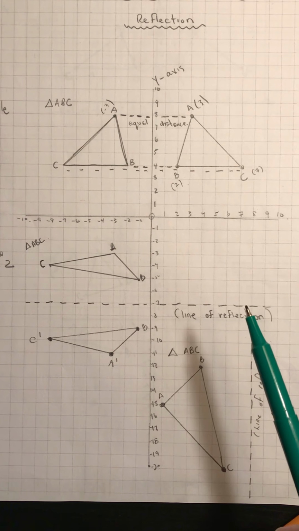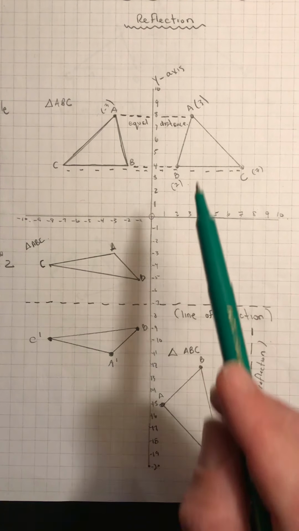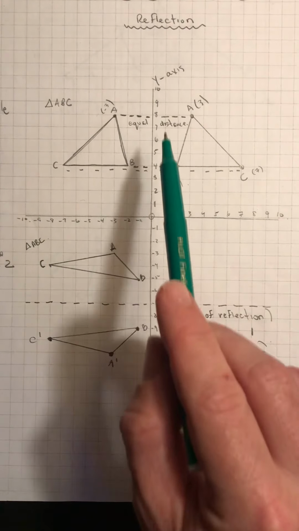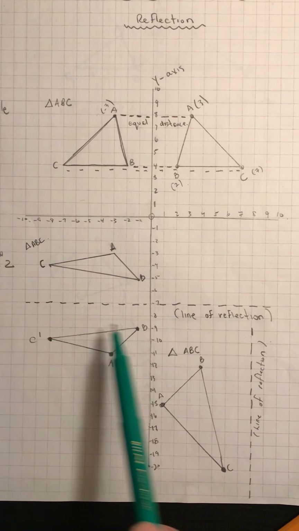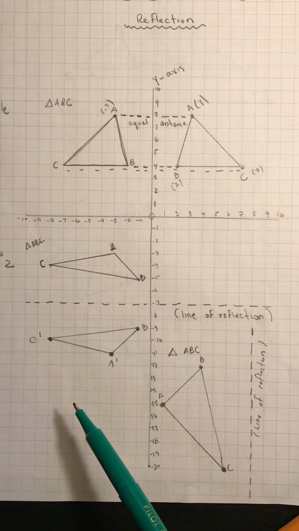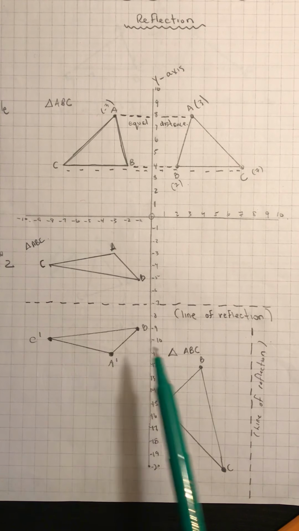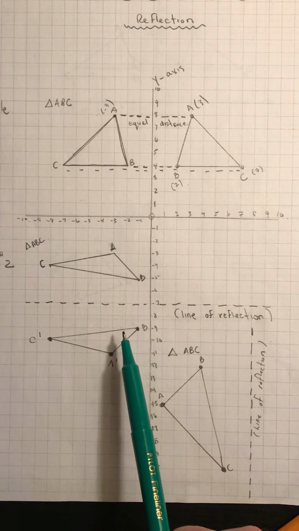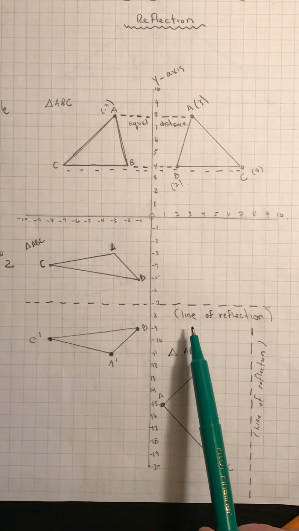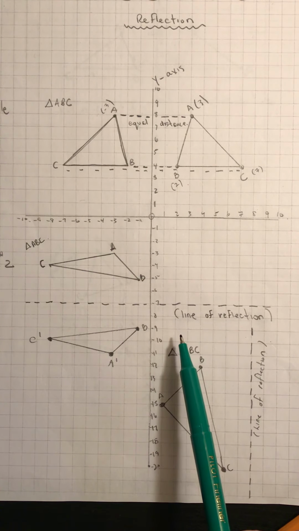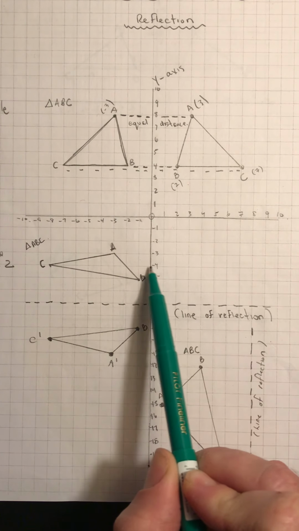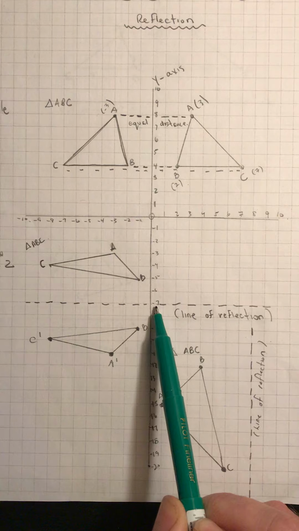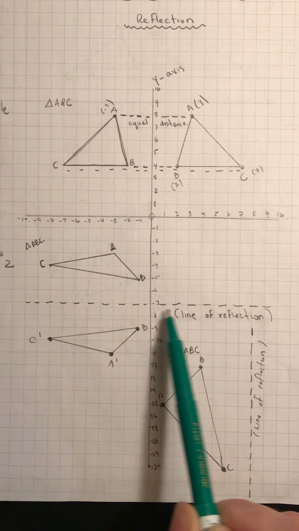The point I'll make is you don't need to reflect over the y-axis or the x-axis. There can be situations where you're going to reflect over other lines of reflection that are put into a grid. So this line of reflection was put at -7 on the x-axis. So 1, 2, 3, 4, 5, 6. There's -7.